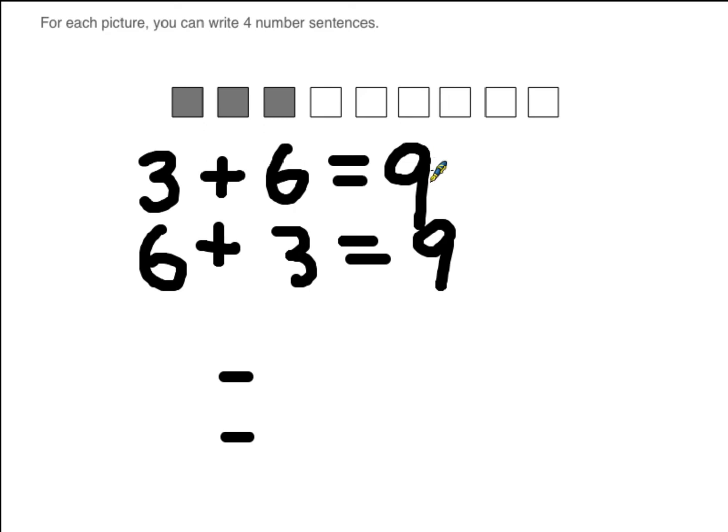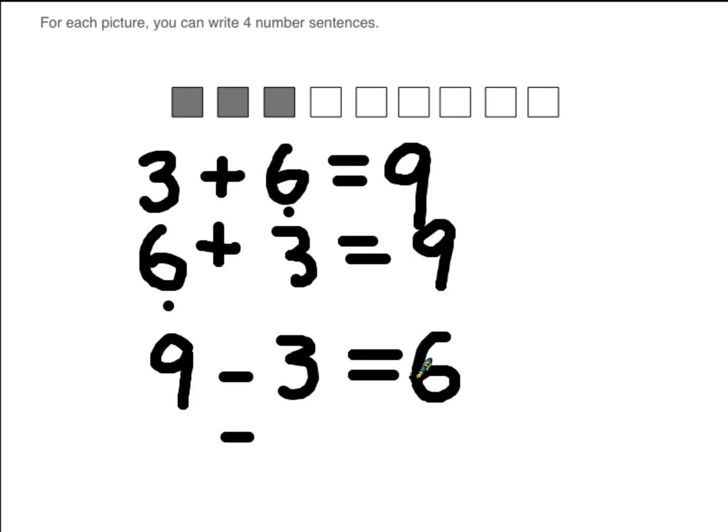Now if we take it away, I know that we have 9. I know we can take away these 3. I know that's going to be 6 left over. Do you know how I know that's going to be 6 left over? Because of these numbers. What's the last one? 9.